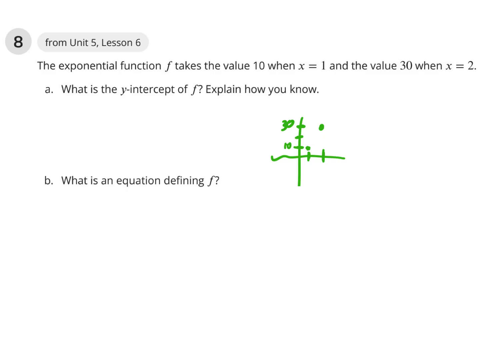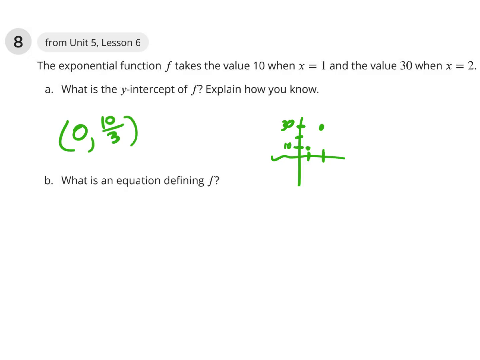Okay, what is the y-intercept? So we got to go back one jump. So we get divided by 3. So if it's tripling, going to the right, we got to divide by 3. So 10 divided by 3, that's not a nice number. That's 3 1/3. All right, so the y-intercept is 0, 10 thirds. What is an equation?